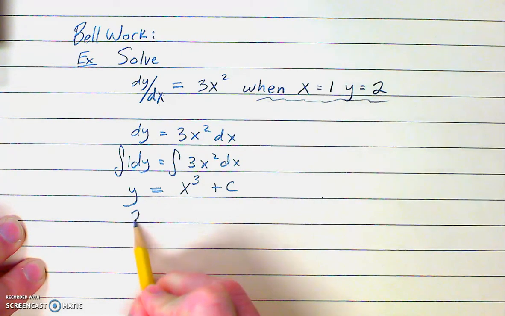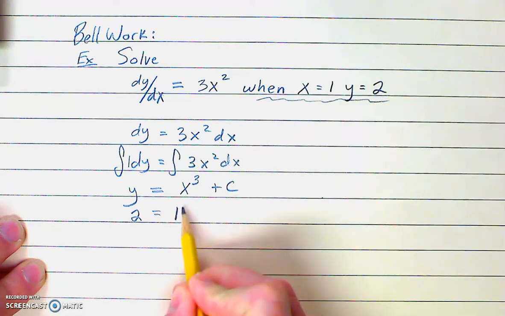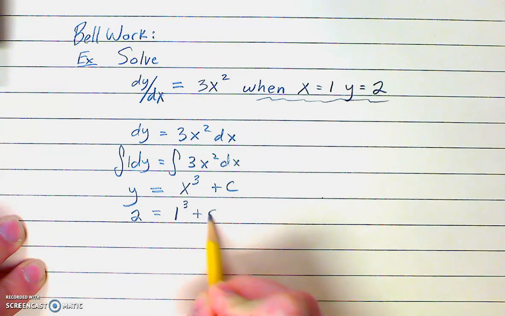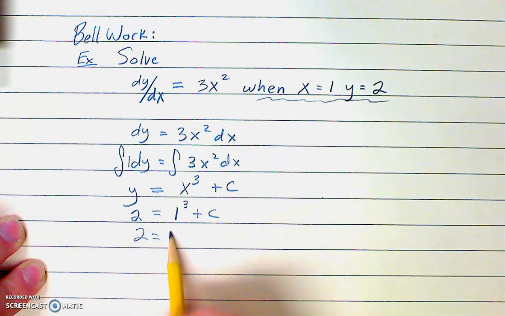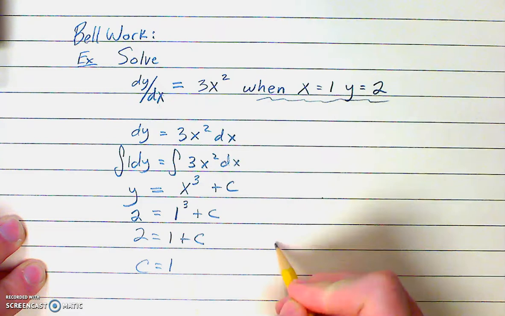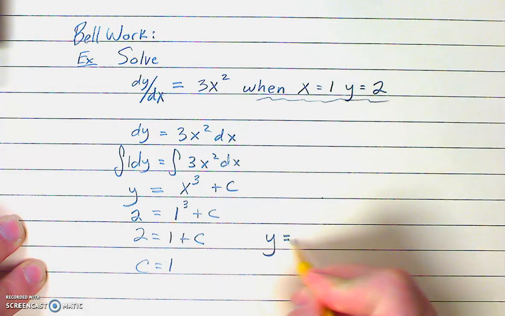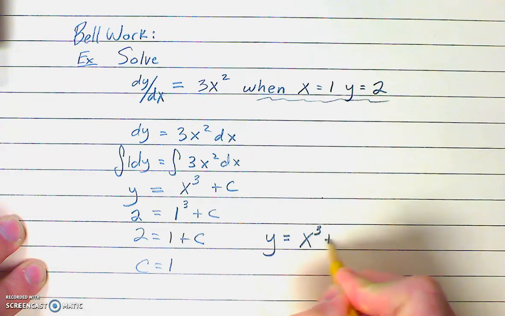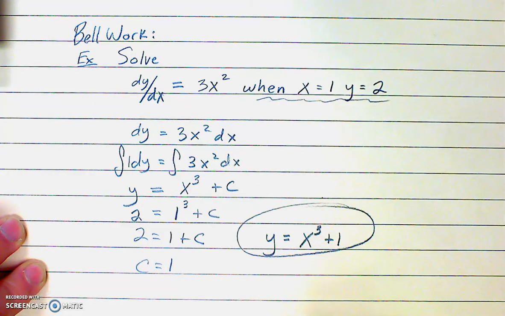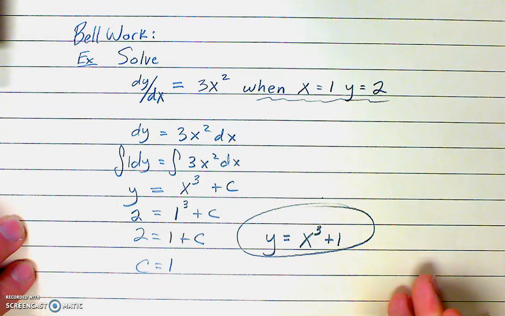So y is 2 when x is 1. So 1 cubed plus c. You're going to get 2 equals 1 plus c, therefore c equals 1. So our solution to this problem is y equals x cubed plus 1. And that's how we solve a differential equation.